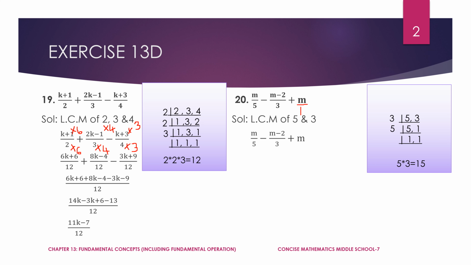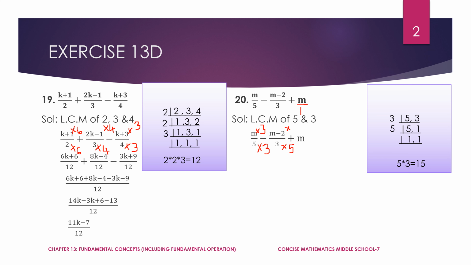Now to make this into 15, you need to multiply this 5 with 3. Because you are multiplying it with 3 in the denominator, you need to multiply it with 3 in the numerator too. Even here you need to multiply it with 5. 5 threes are 15.